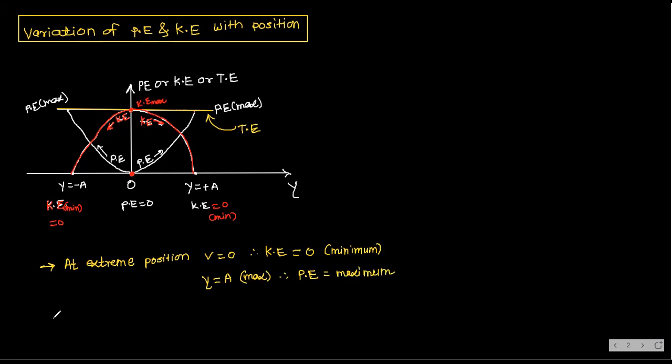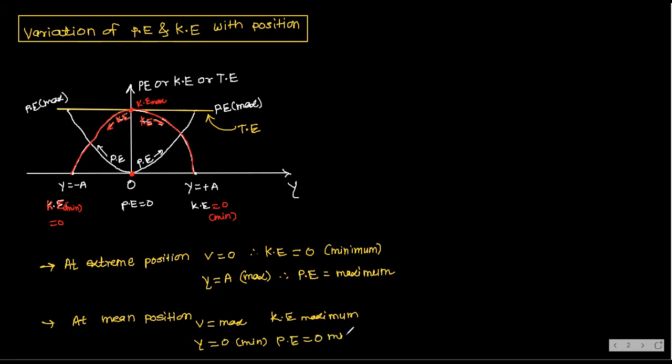Keep it in mind, this already I told. At mean position, V is equal to maximum, V max, and that's why KE is equal to maximum. Whereas y is equal to 0, that is minimum, and therefore potential energy is equal to 0 here.